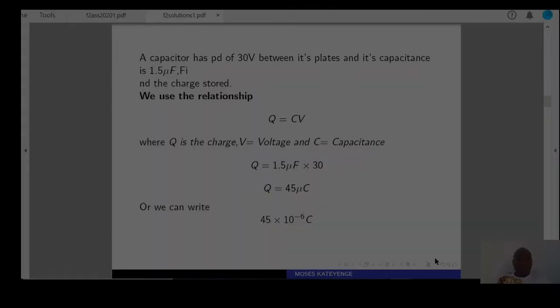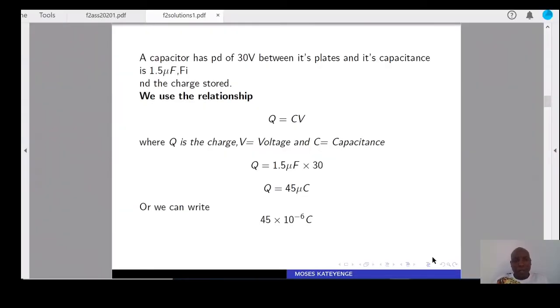We are told that a capacitor has a PD of 30 volts between its plates, and its capacitance is 1.5 microfarads. Find the charge stored. To find the charge stored on the plates of a capacitor, we use the relationship that charge is equal to capacitance times the voltage.